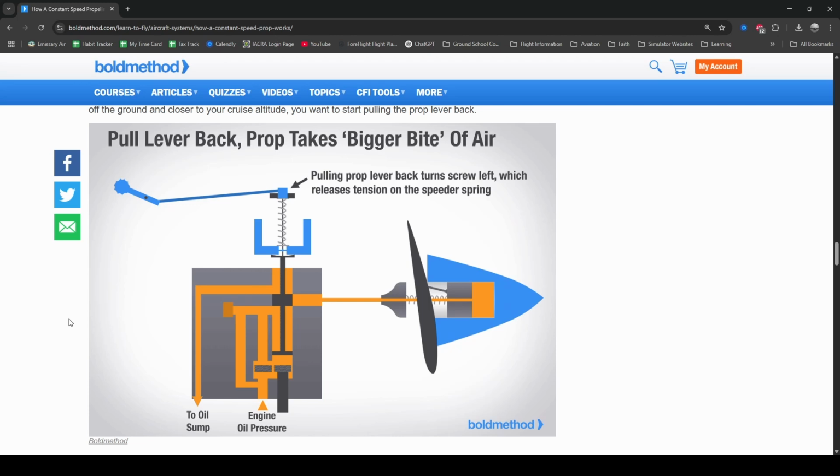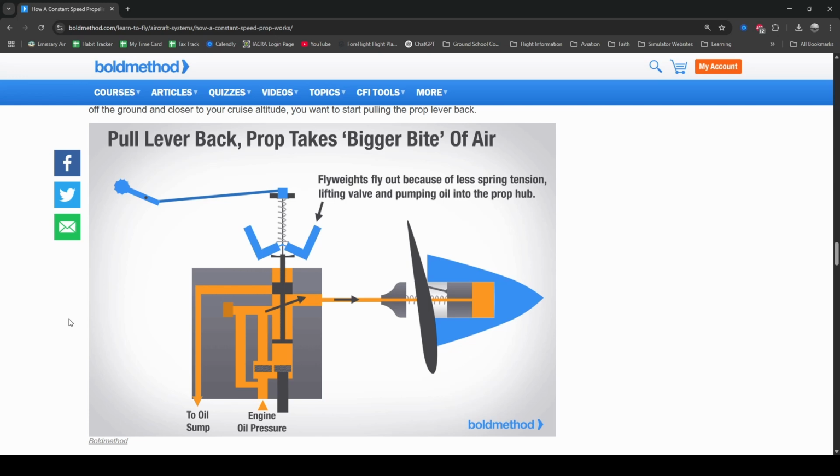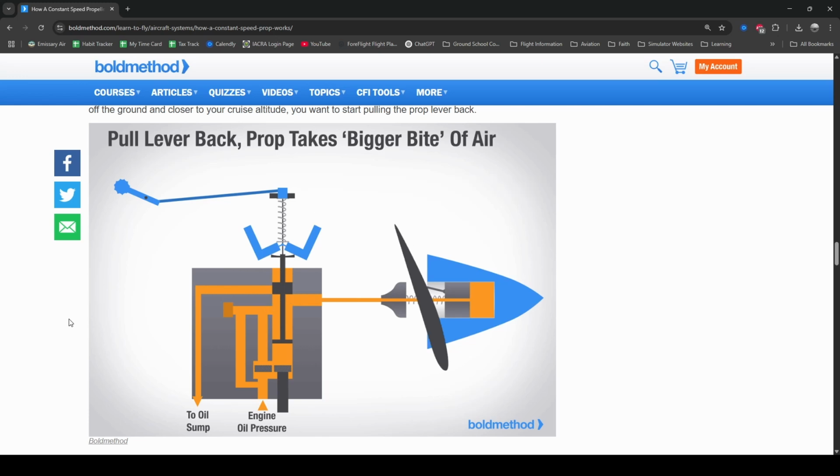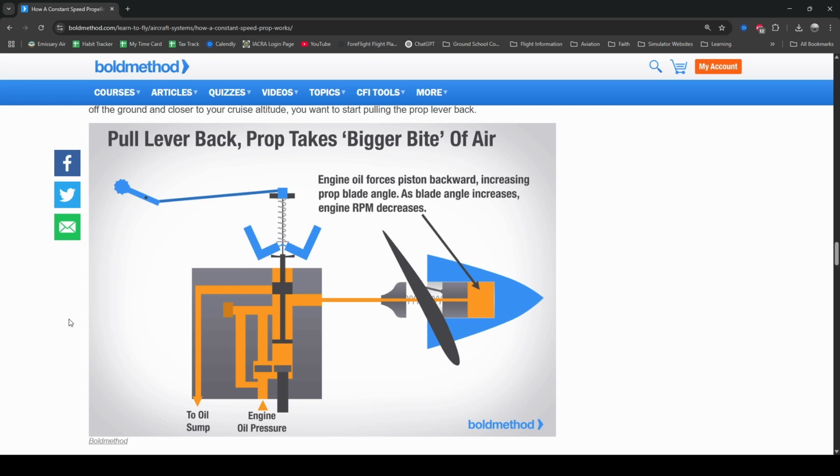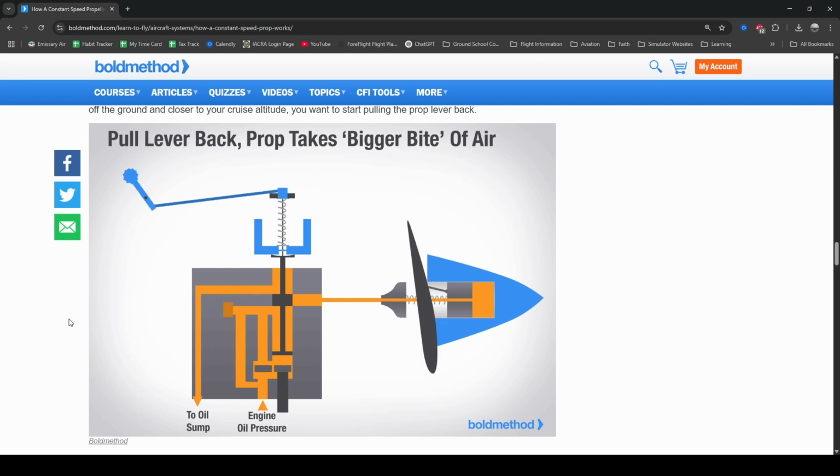As the propeller blade angle of attack increases, so does the induced drag of the propeller. This is what slows the engine RPM down. As the engine RPM slows down, your flyweights will return to their neutral L-shaped position as the centrifugal force balances out to the new speeder spring tension.